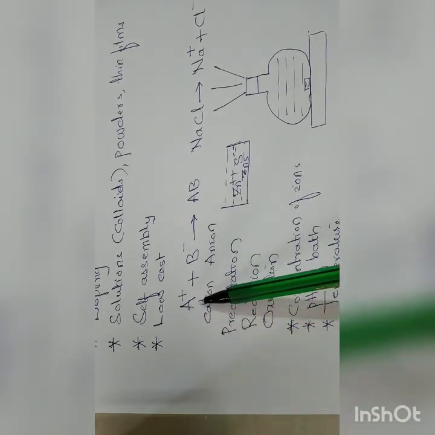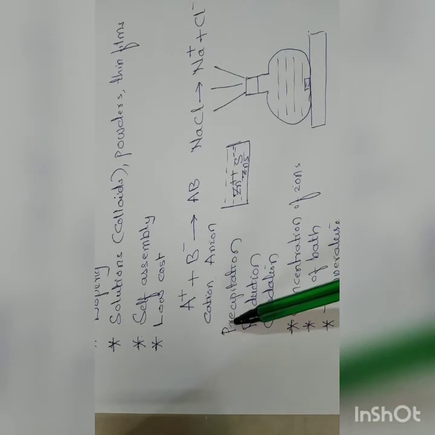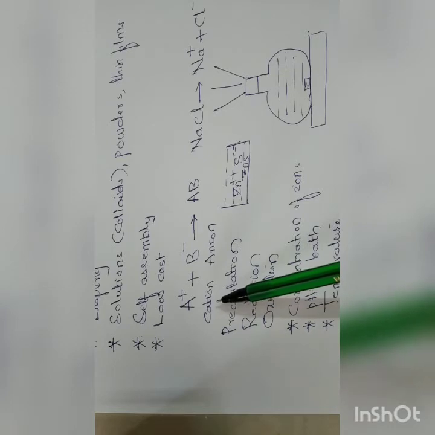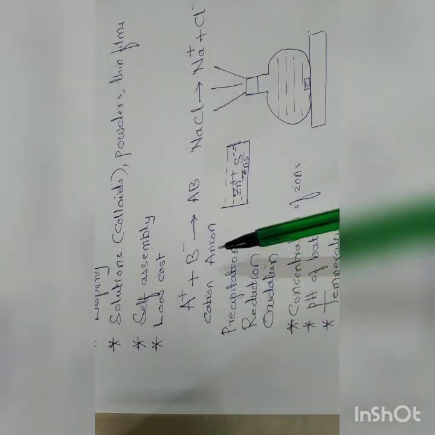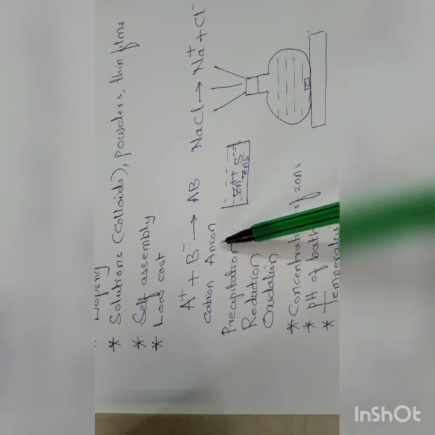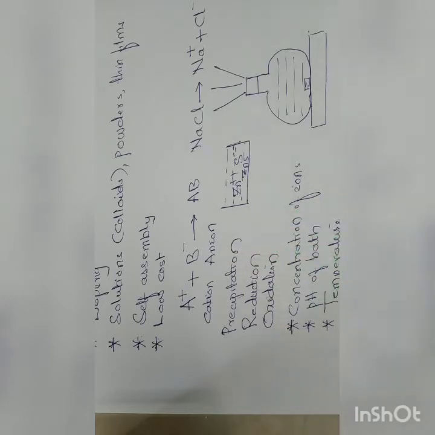We know A plus type of ions which have lost electrons, we call them cations, because under electric field they move towards the negative electrode, that is cathode. We also have ions which have gained electrons, that is B minus. Under the influence of an electric field, these ions will move towards the anode, therefore we call them anions.